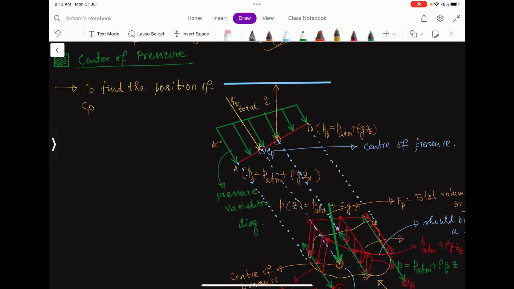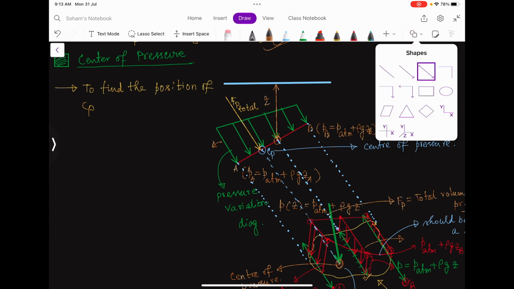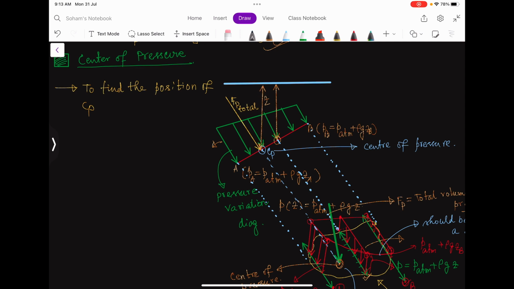To find the position of CP, I may be interested to find this height, so let me call it ZCP. I may be interested to find this length, that is the distance of CP from A, so let me call it LCP.